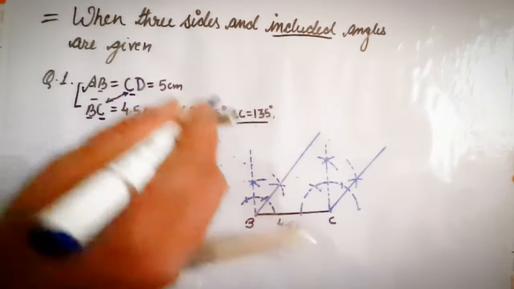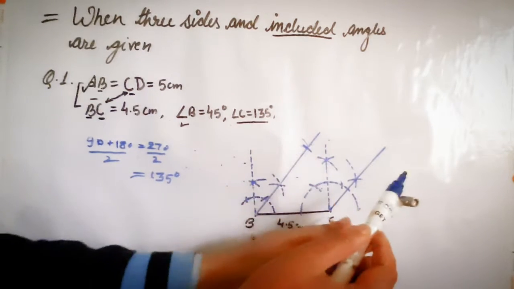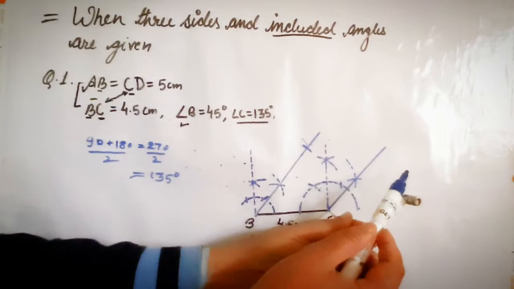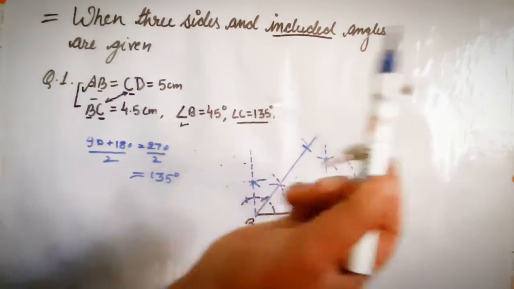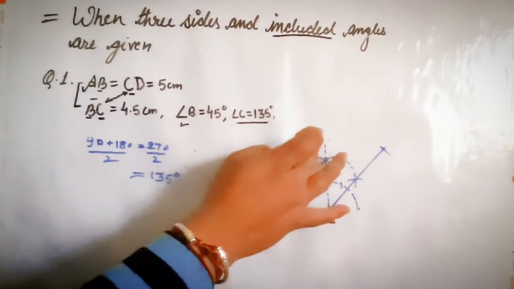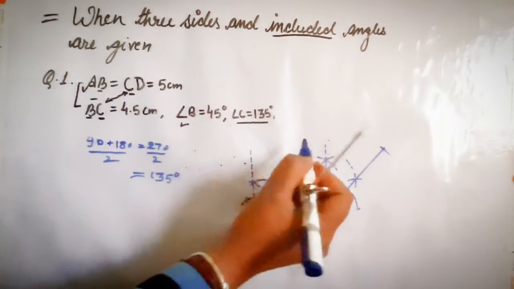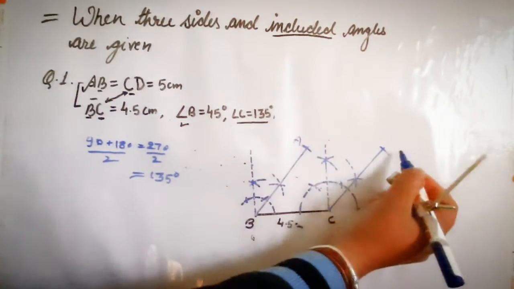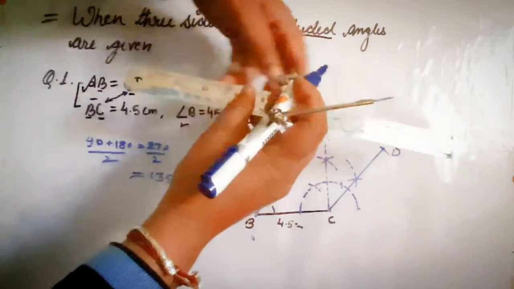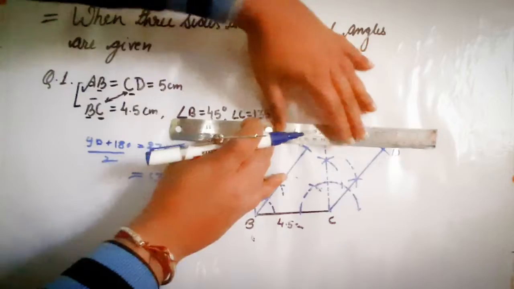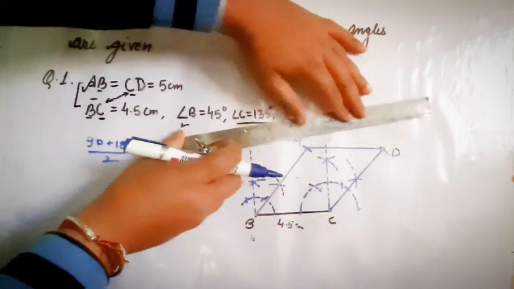So open your compass equal to 5 centimeter on B and cut point A. Then place on C because both are equal and cut point D. Erase the extra parts, and this is point A and this is point D. Join A and D, and ABCD is your required quadrilateral.